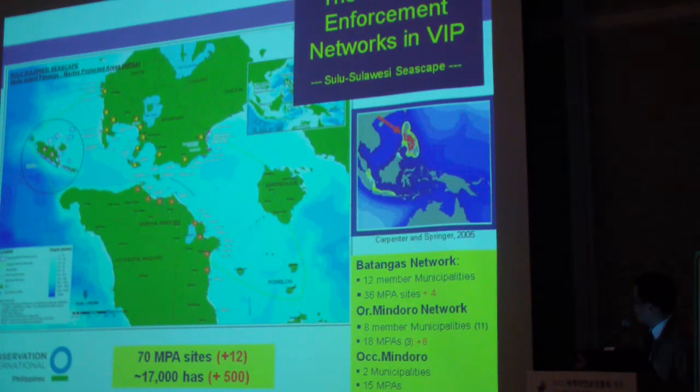Currently, there are about 12 member municipalities in this province, and in this province there are about 8 member municipalities, and the list is growing primarily because a lot of other municipalities are putting up their own marine protected areas. And aside from that, they are also members of the MPA network.